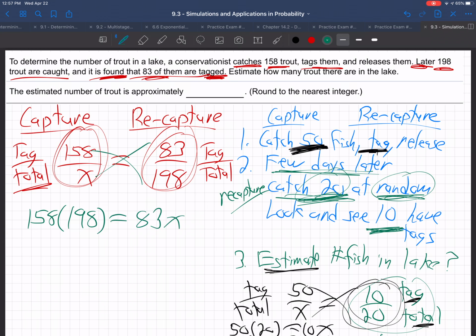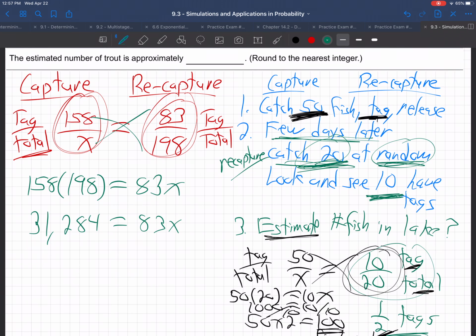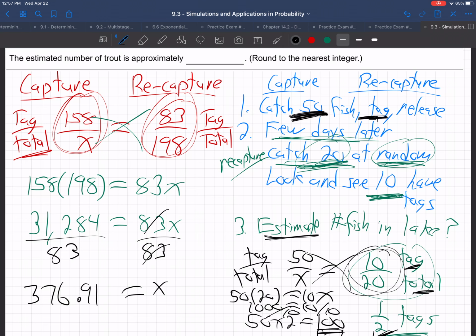Use your calculator. I'm getting 31,284 is 83X. Last step to solve for X is to divide both sides by 83. And I'm getting 376.916 whatever.